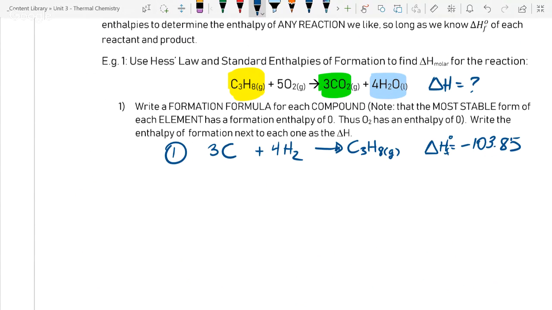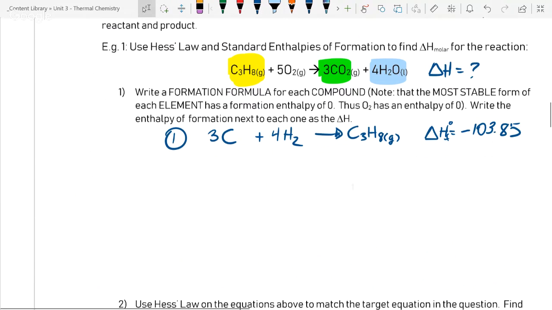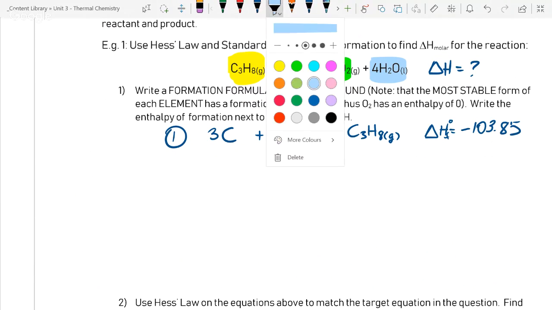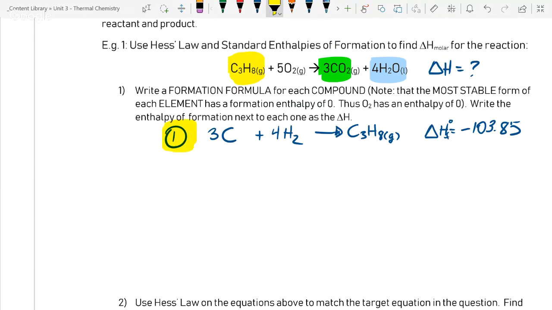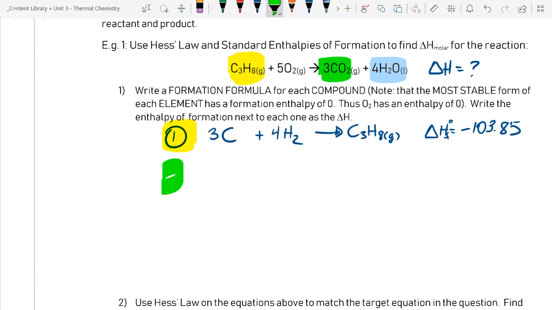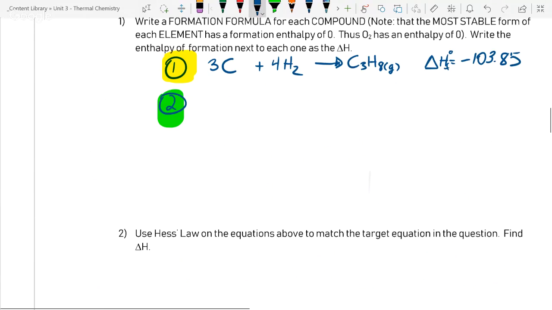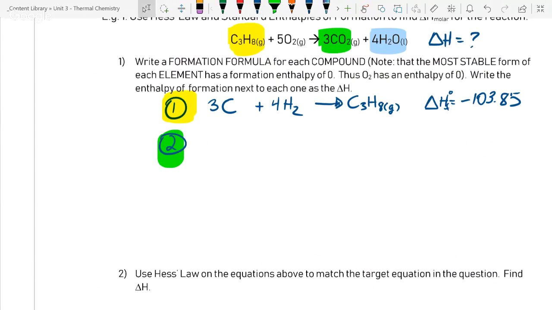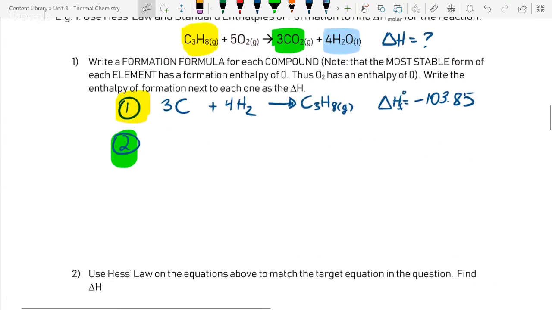Okay, what's the next one we're going to do? Carbon dioxide. Okay, we're doing carbon dioxide next. And what's its formation going to be? Well, what's it made out of? Carbon and oxygen.